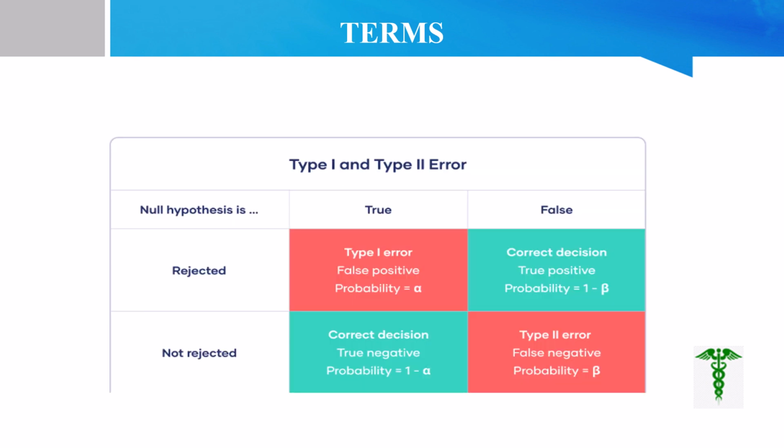As we already discussed, these are the two types of error, type 1 and type 2. We are telling when type 1 and type 2 will occur.